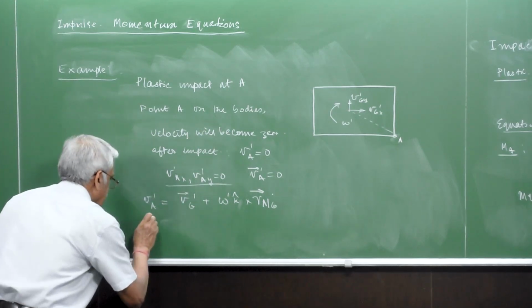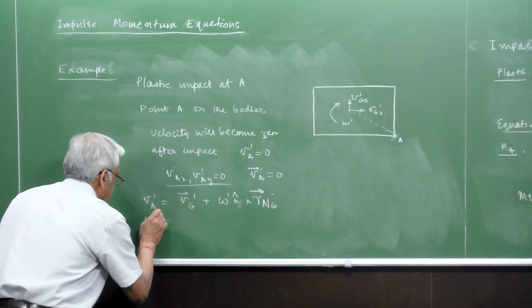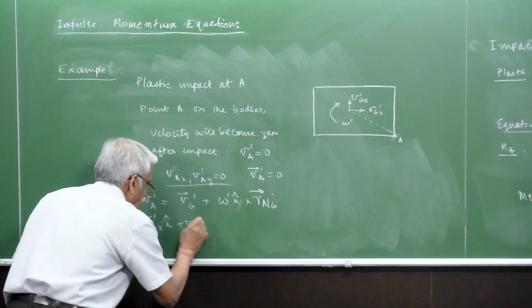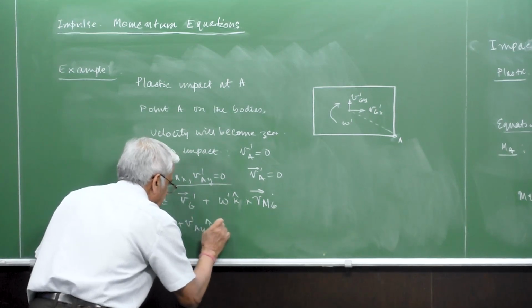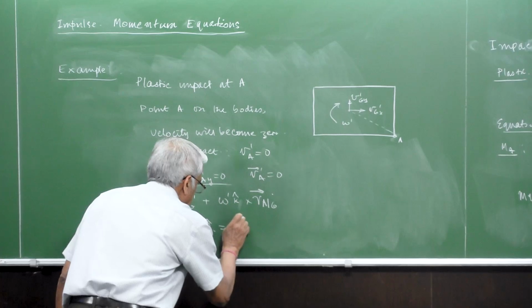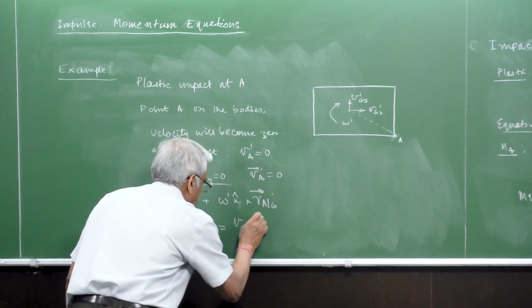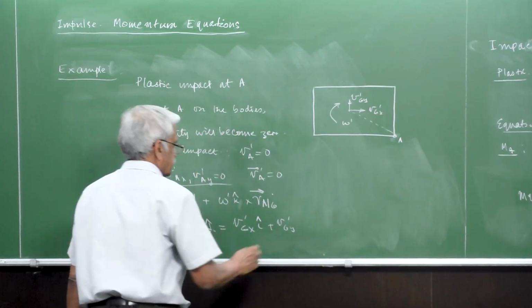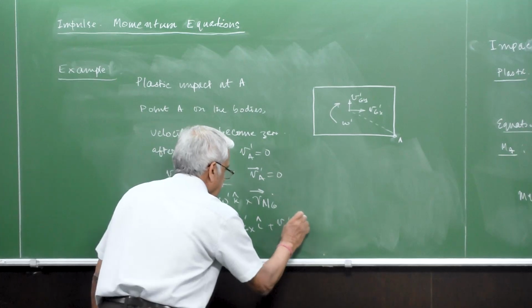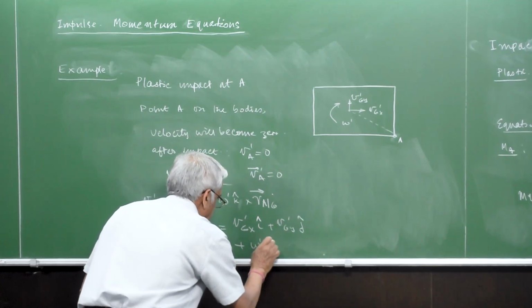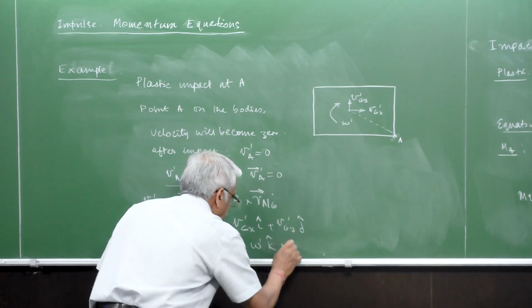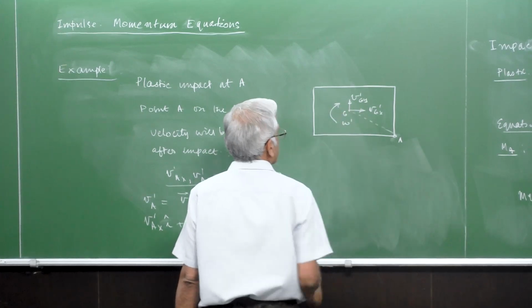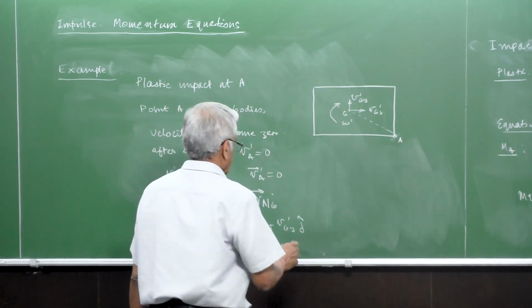Okay. So we can say that VA prime X i, with G as the reference point. The position vector of A with G is what?